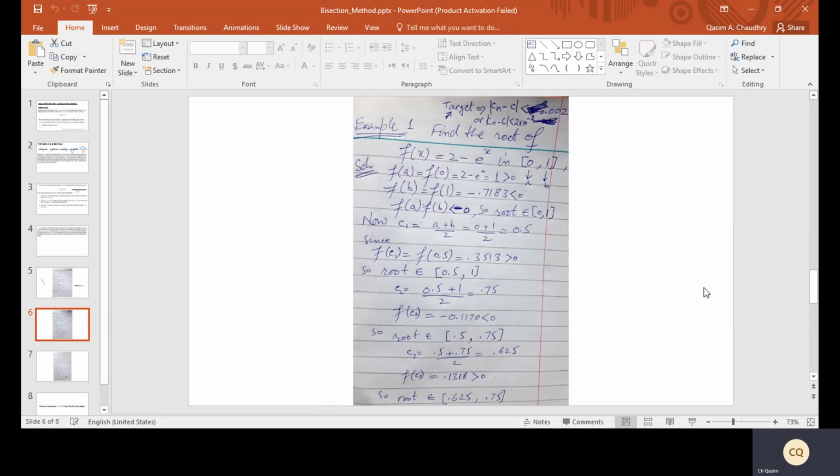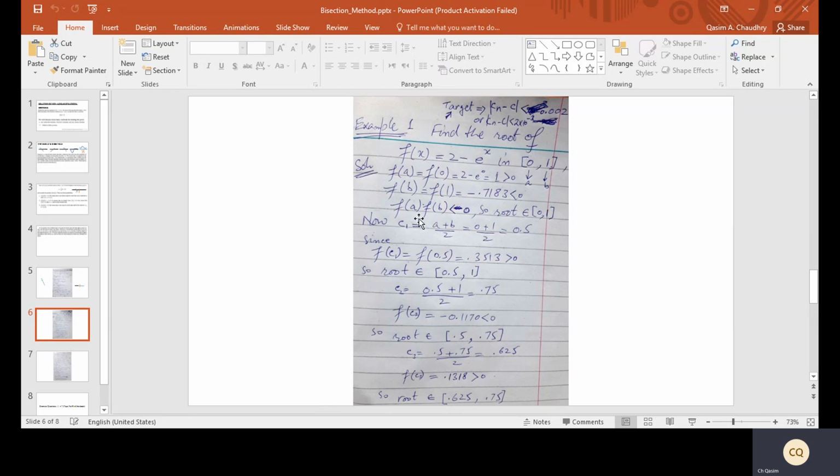So students, now let's start finding out the root. Let's say 0 is a, and this is b. So f of a, if you substitute the values in this function, is equal to 1, and that is positive. And f of b is equal to f of 1, and that gives you the negative value.